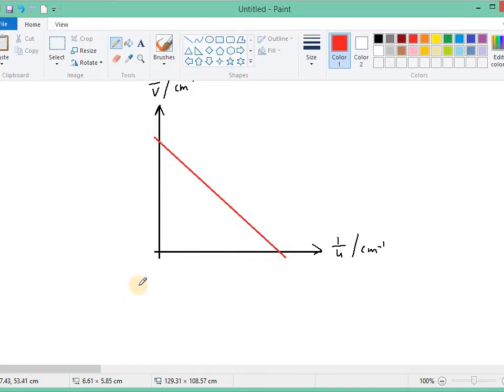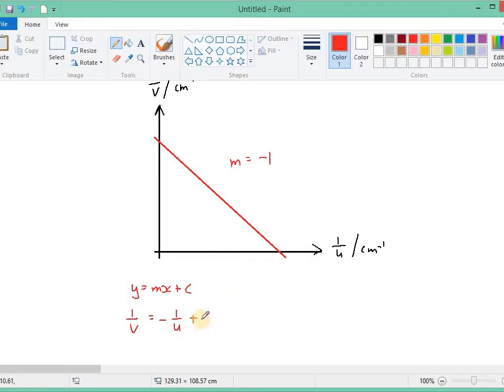From the straight line equation, y equals mx plus c, y is 1 over v and x is 1 over u. The gradient is going to be negative 1. That is the gradient for this graph.